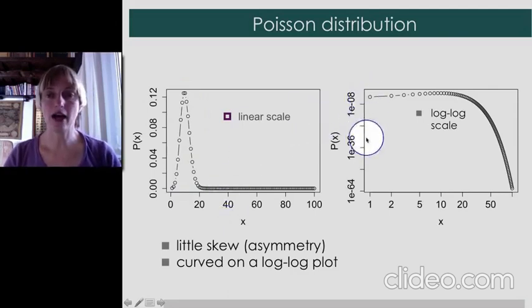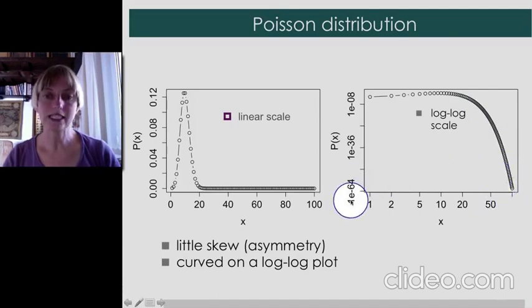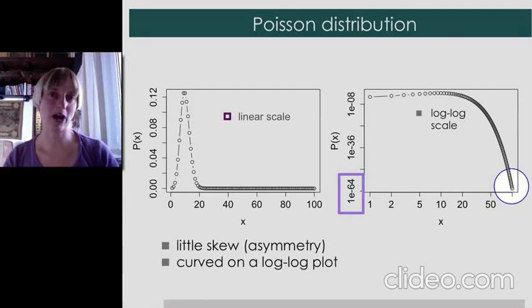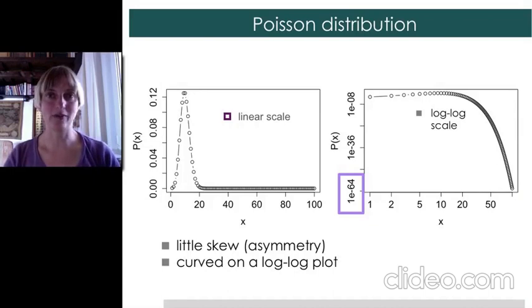But if we now plot on a log-log scale and we look around 40, we see that that probability is actually very small, something like 10 to the minus 10, and by the time you're over 50, it's 10 to the minus 64, so this is actually very small. There's no chance that someone would have degree 100, no matter how large the network is, if it's an Erdős-Rényi random graph with an average degree of 10. So there's a very stark contrast between the Poisson distribution of the Erdős-Rényi and the power law distribution that we see in many real-world networks.